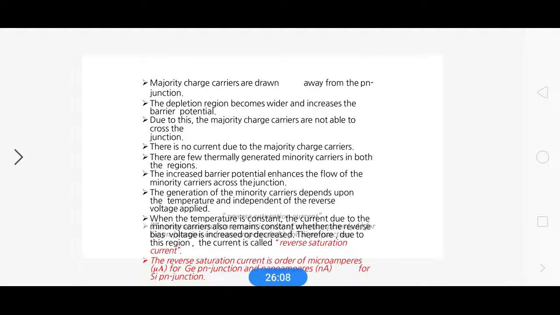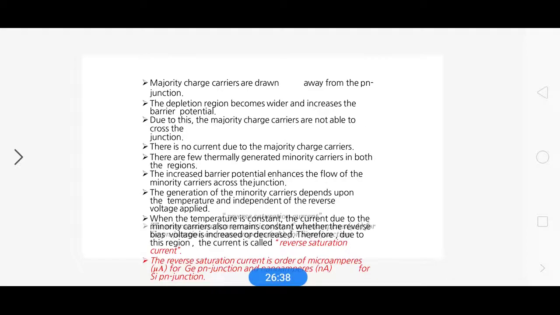So the increased barrier potential enhances the flow of minority charge carriers across the junction.